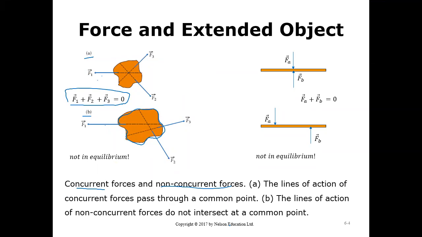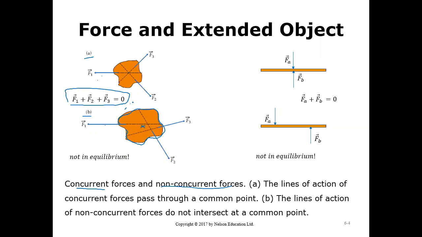Now, when that happens, in B the object is not in equilibrium. What do you think will happen? It will start spinning. The center of mass of this object, let's say it is here, will not spin, but everything else will spin around that point.